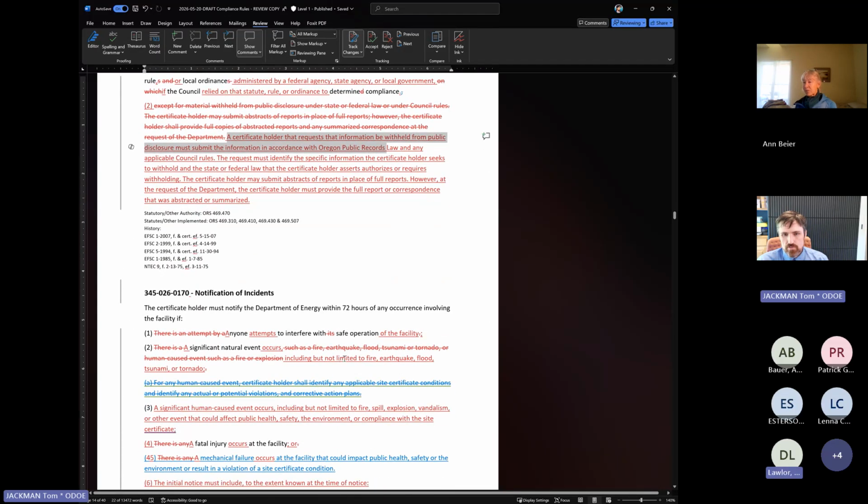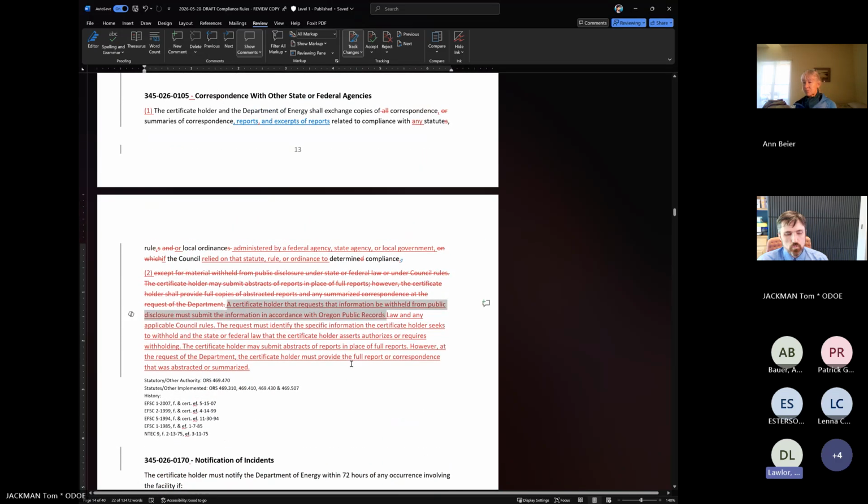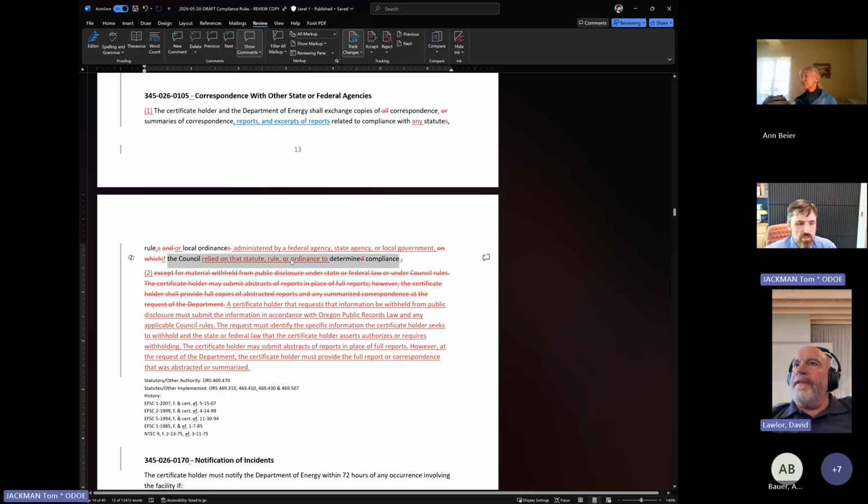Okay. Seems onerous. I get the Oregon law, but correspondence with federal agencies really, quite frankly, doesn't come under the jurisdiction of a site certificate. It's only to the extent that council needs to rely on that to determine compliance. Okay.